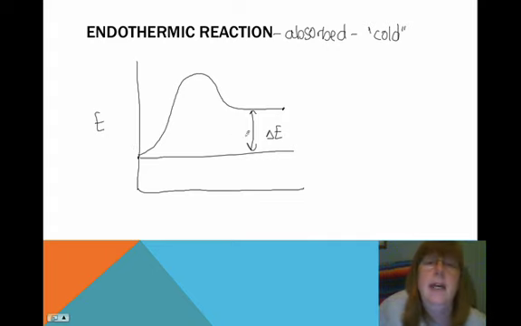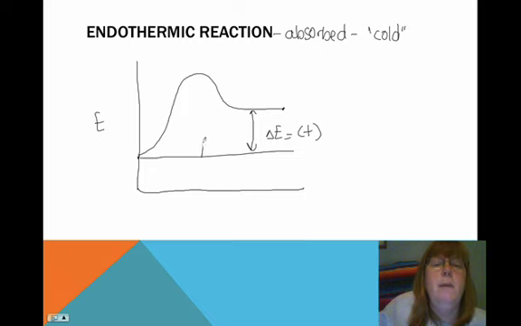We could actually read the graph and read off numbers, and we'll practice that in class. But delta E for this is going to be positive, and it's endothermic. Again, the name from where we start in energy to the top of the hill is the same thing. We call it the activation energy, and our activated complex is up there. But this would be what a potential energy diagram looks like for an endothermic reaction.